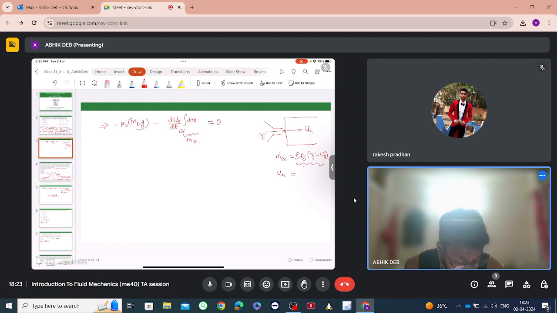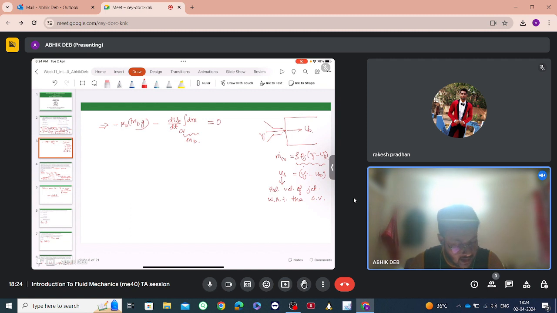It will be minus because of the inlet, and ur will be Vj minus ub. This is the relative velocity of the jet with respect to the control volume.